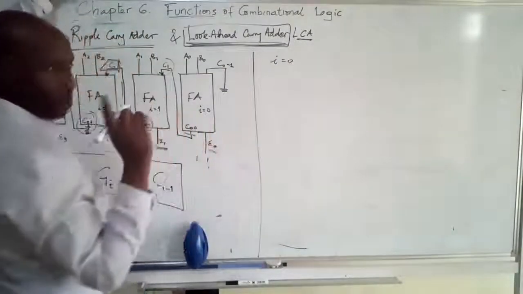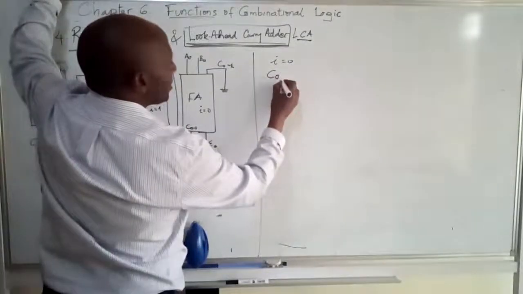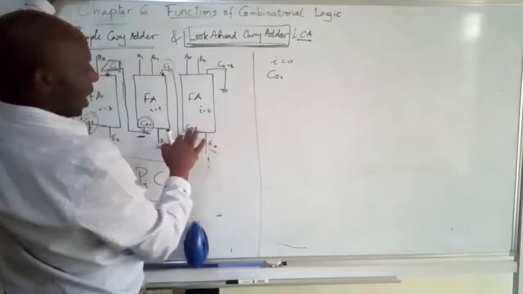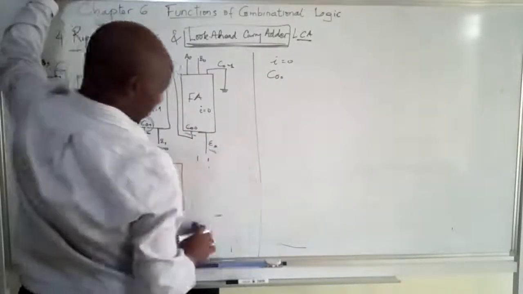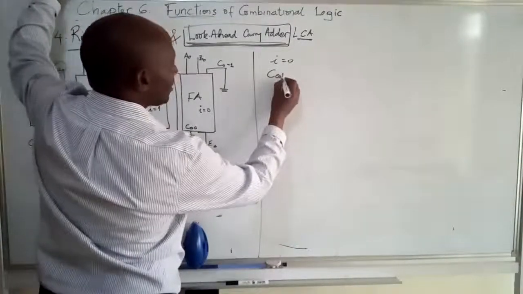if i is equal to 0, what will be C out? C out 0. So don't confuse out and 0. Maybe to not confuse, let's write out.